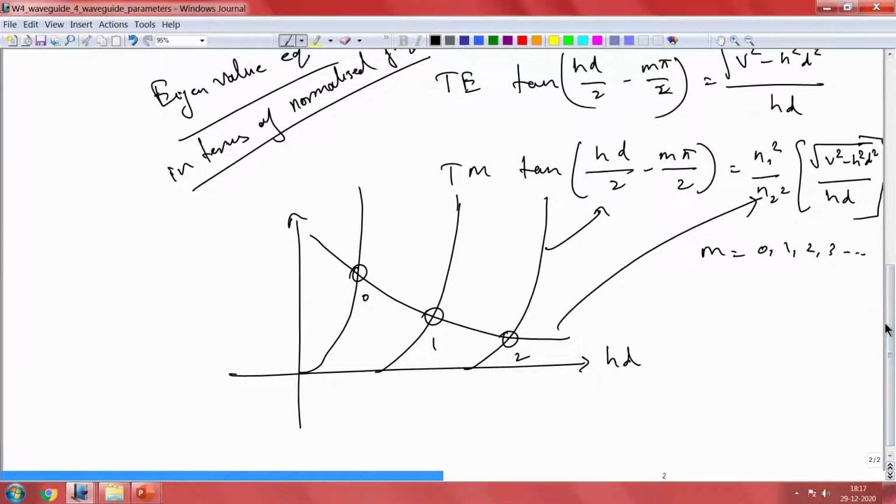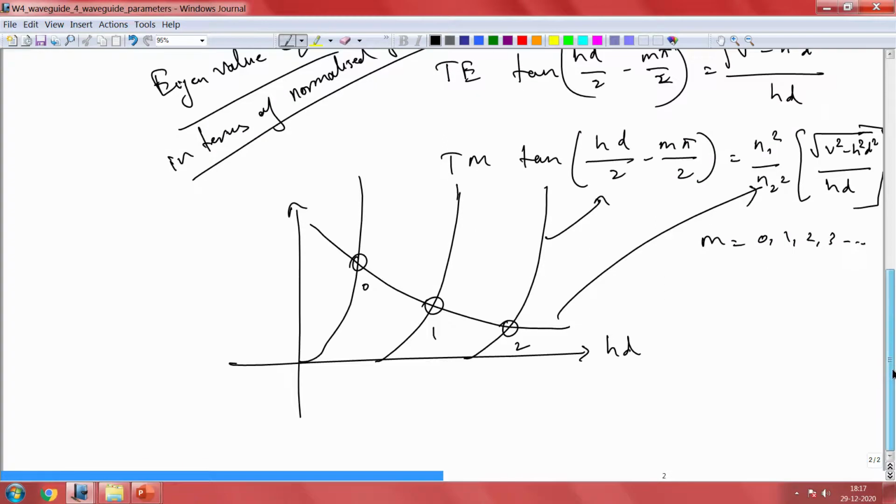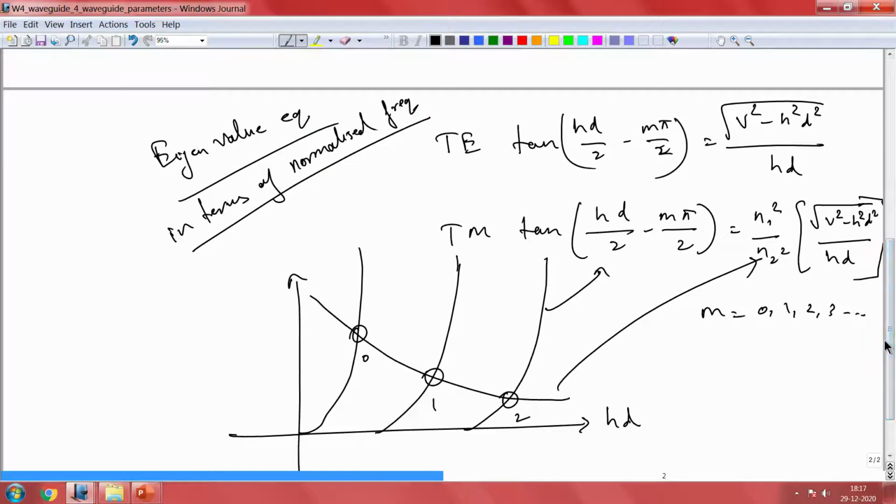You can just do this in simple MATLAB or Python, whichever you like, to find out how many possible modes you could have. These modes are going to be propagating modes, and that is the reason why you have this eigen solution.